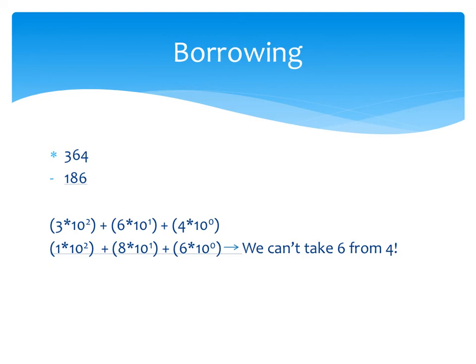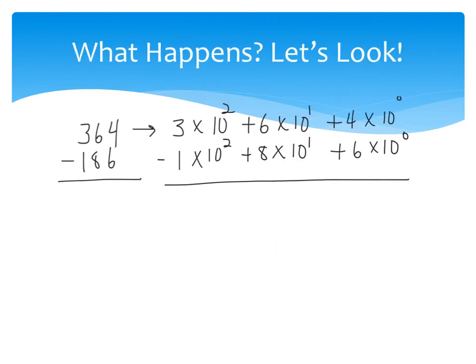Let's see what happens with subtraction. So here, when I go to do the subtraction problem, I can't take 6 from 4, so we have to borrow. Let's look at what happens in expanded form when we have to borrow. So we know that we can't take a 6 from a 4.